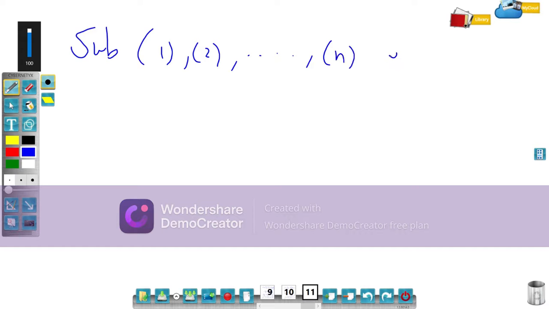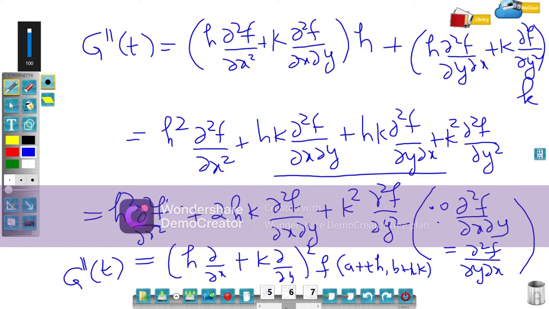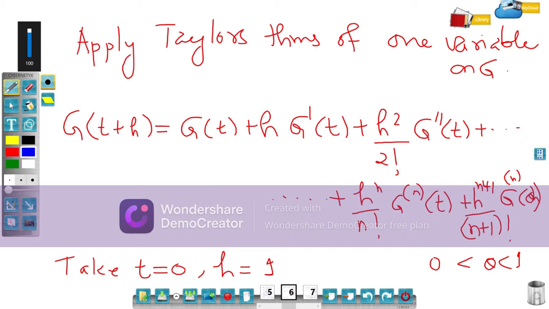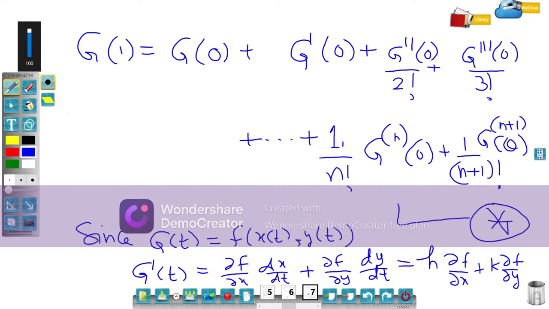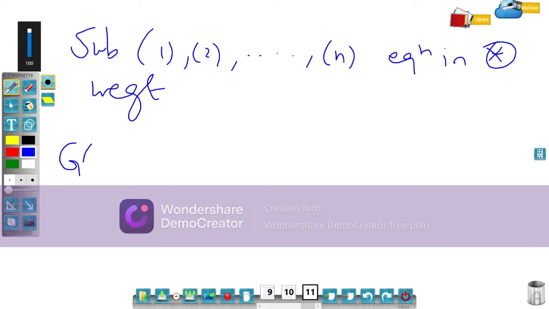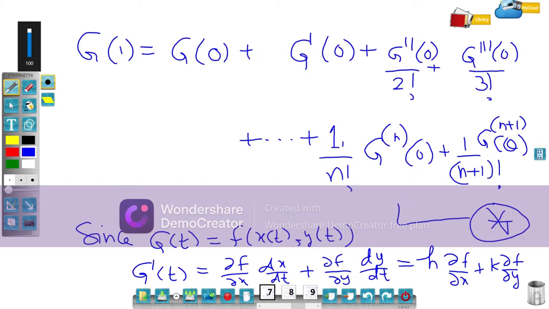We get, so let's go to the star. I think we have written star here, not on this expression. So g of 1 is equal to, on the 7th slide, g of 0.